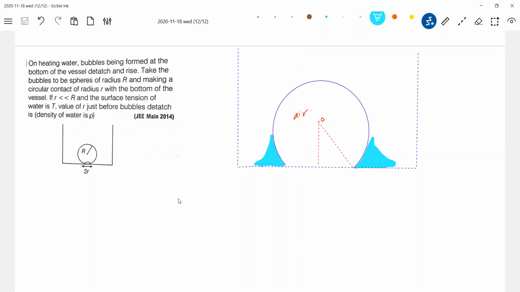Your mother prepares gulab jamun, you imagine it. Chocolate cone ice cream, you imagine it. If you want to visit a place, you start imagining it. Same thing: the moment you see a question, imagine how the bubble will appear from the side and from the top.